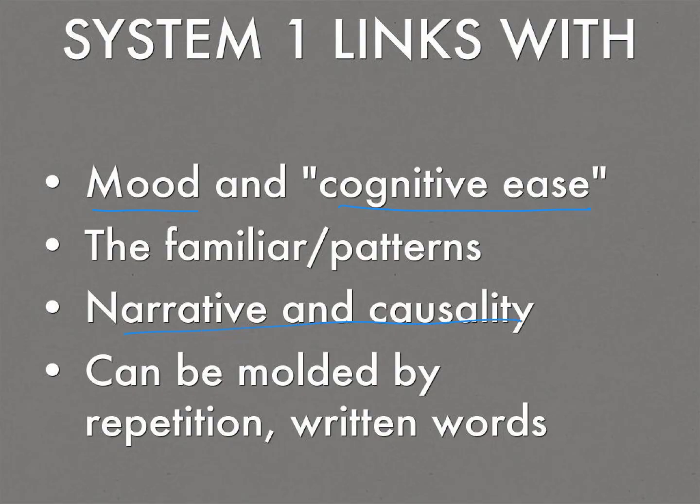Narrative and causality is an important one. As we get older, as we're figuring out the world, we come up with narratives, or we're told narratives, and sometimes those are oversimplified. I think we all know that one by now. But we're also moldable. So our knowledge and reflexive understanding of patterns and how the world works can be molded by repetition and written words.